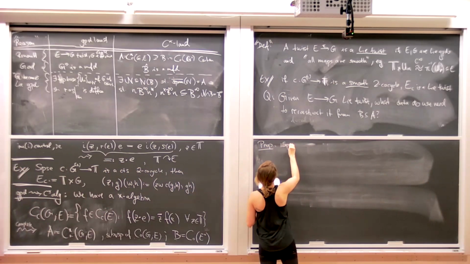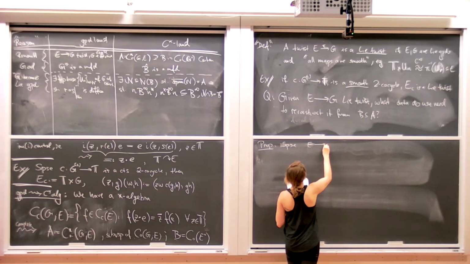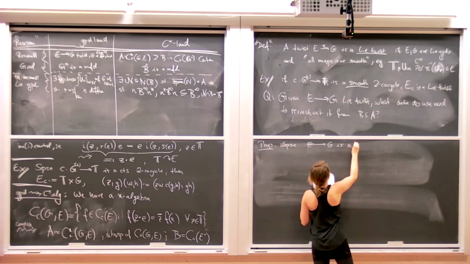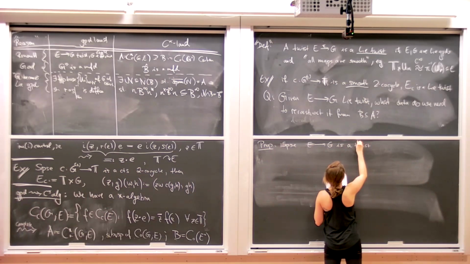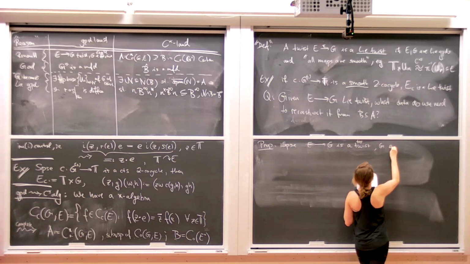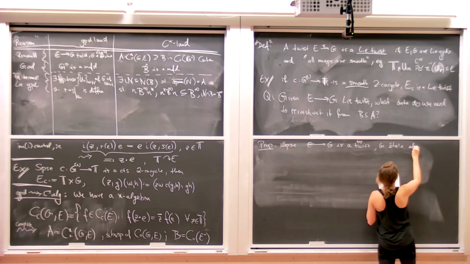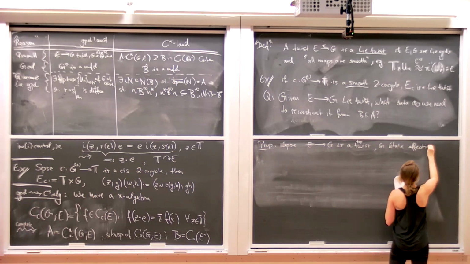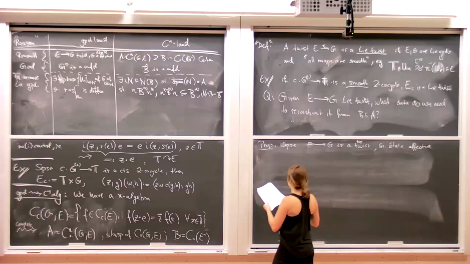So suppose E to G is a twist, just a topological twist, G étale and effective. So we are in the setting of Renault's theorem.